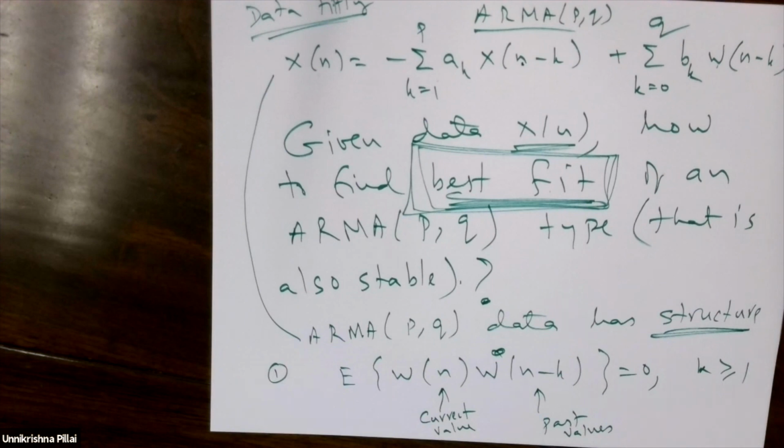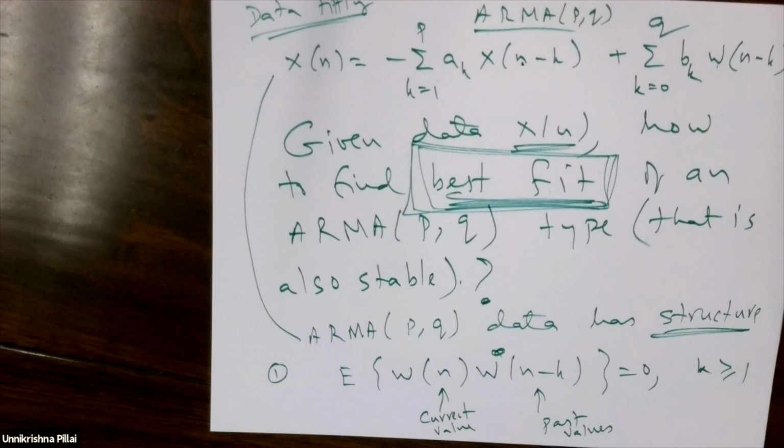If you say whatever you are seeing in the stock market, let's say I want to model it by an ARMA, at least for a short duration. The question is, what is the best fit? Or some other data that you collected, some behavior, some social whatever, or heartbeat or something.